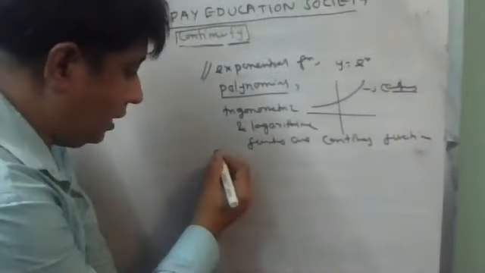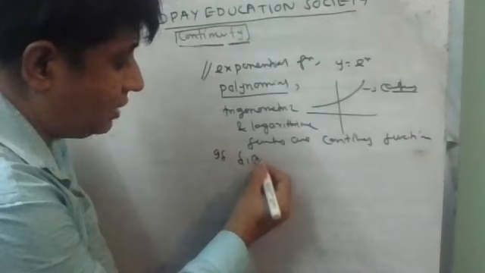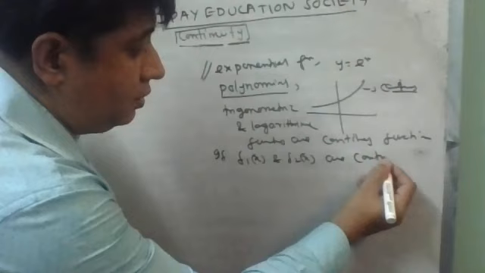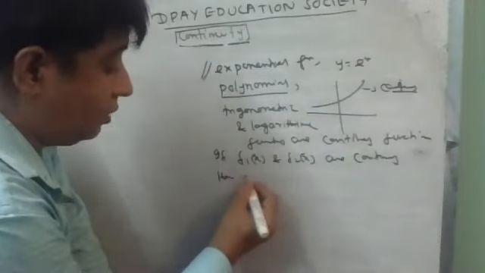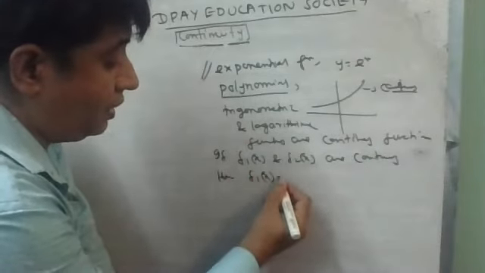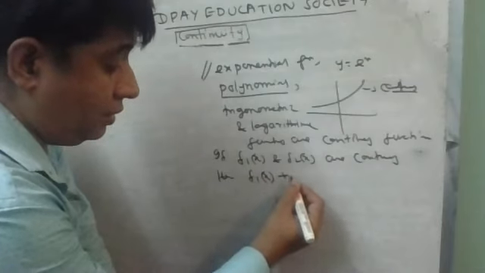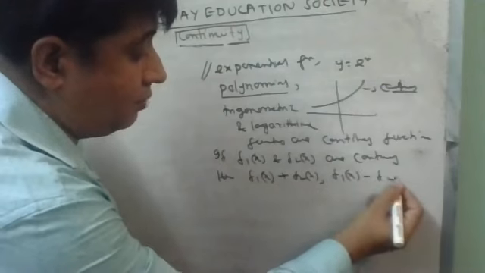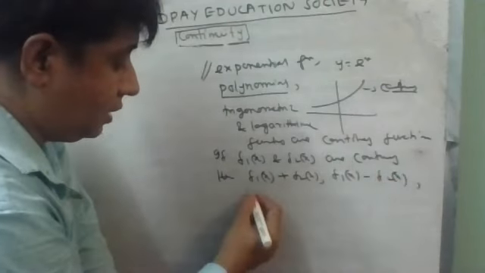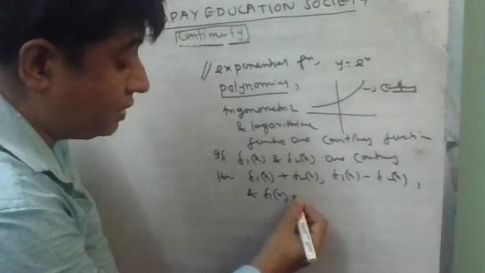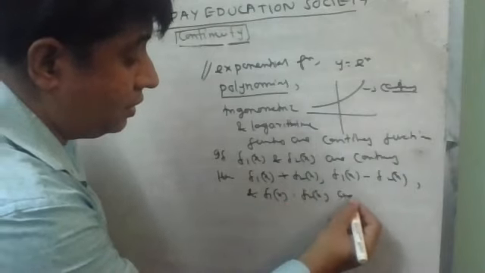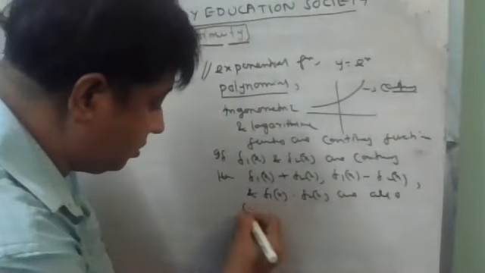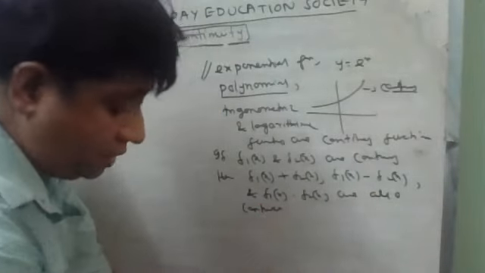Suppose f1(x) and f2(x) are continuous, then always remember f1(x) plus f2(x), f1(x) minus f2(x), and f1(x) into f2(x) are also continuous.